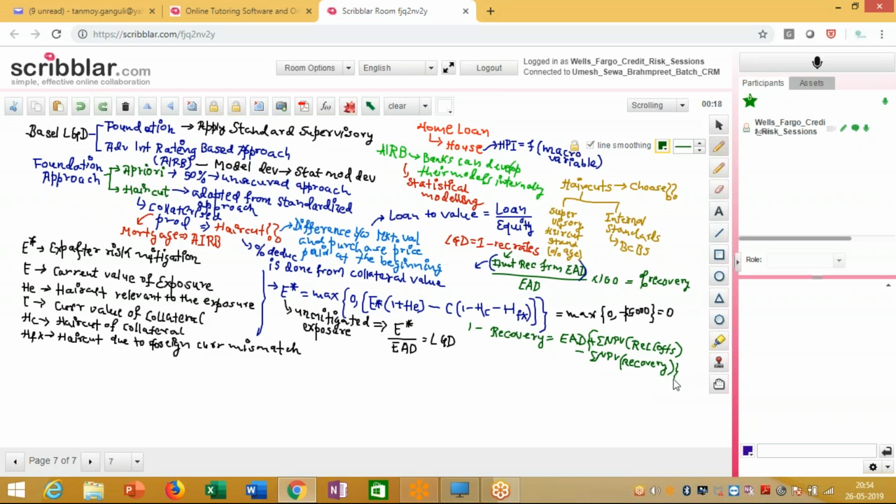And this is as a percentage of the exposure at default.